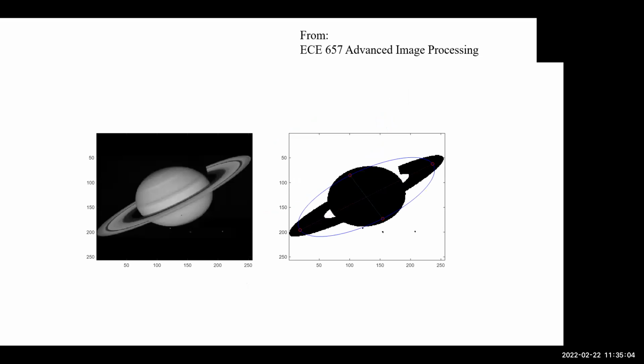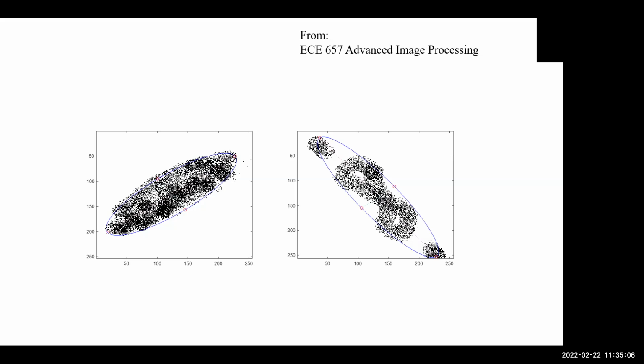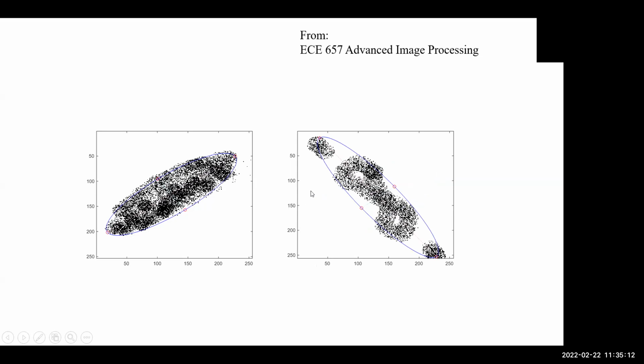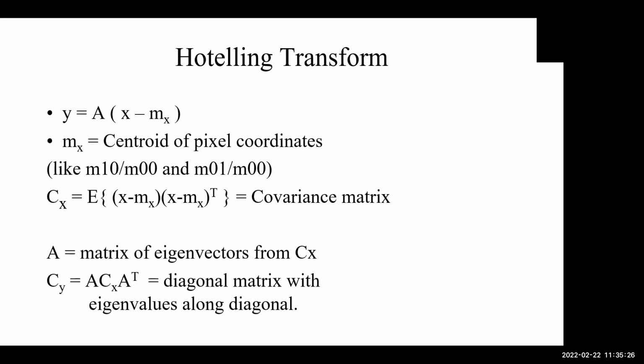Here's another image with the principal and secondary axes, tells you the general shape. Some more points with some more general shapes. Same math, Hotelling transform, different name, same math, different application, different data. Same idea. Where are your pixel points? Form things, find a matrix, find eigenvalues and eigenvectors.